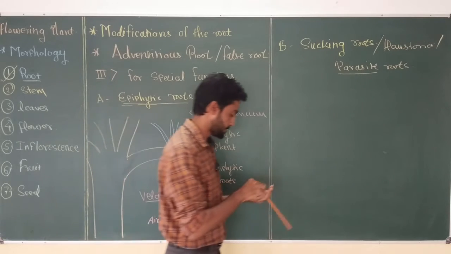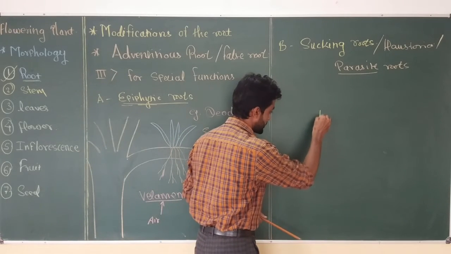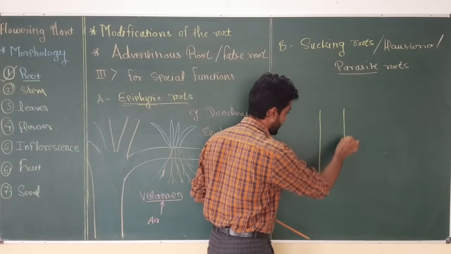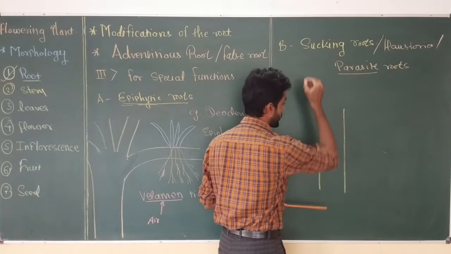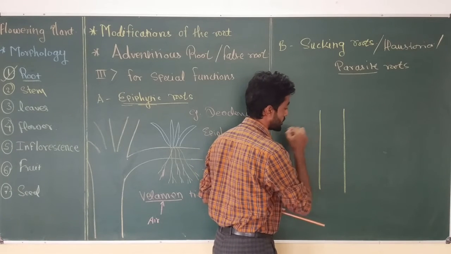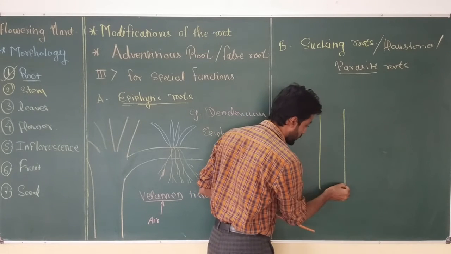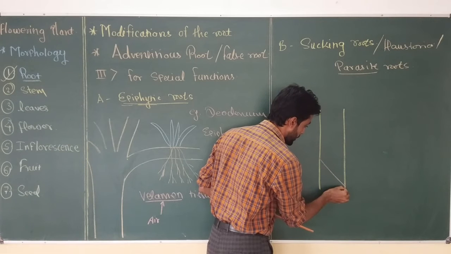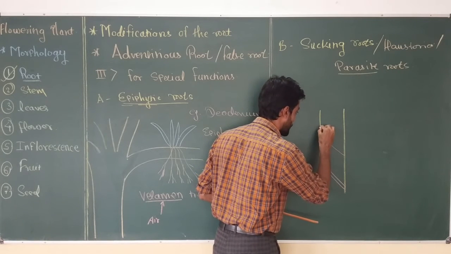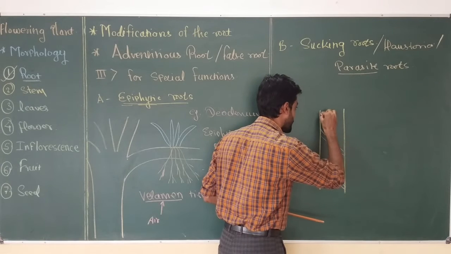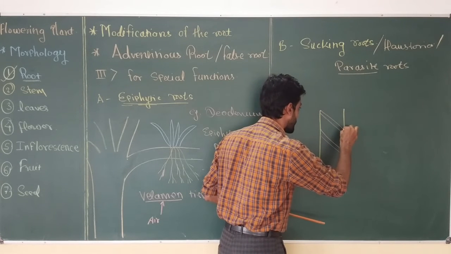Okay, suppose this is the host plant stem, and now the sucking root or the Haustoria or the parasitic plant grows very close to the stem of the host plant.